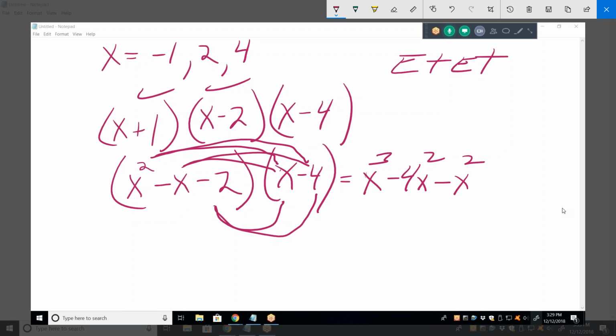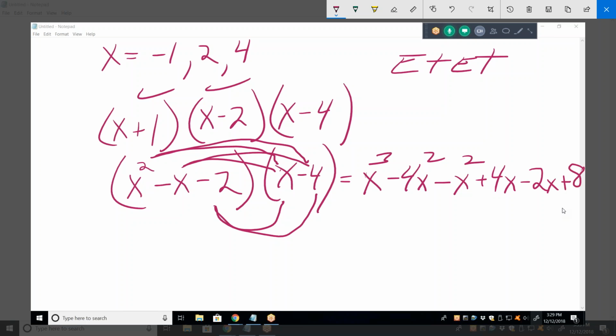And then -x times -4 is 4x. -2 times x is -2x. And then -2 times -4 is +8.